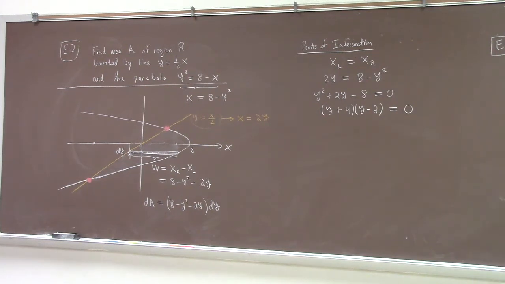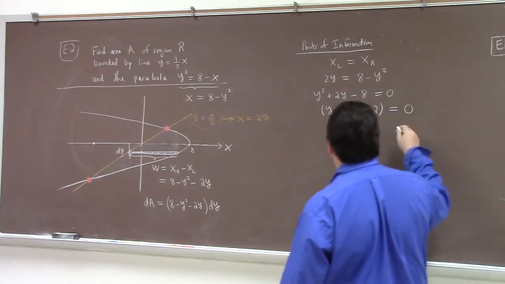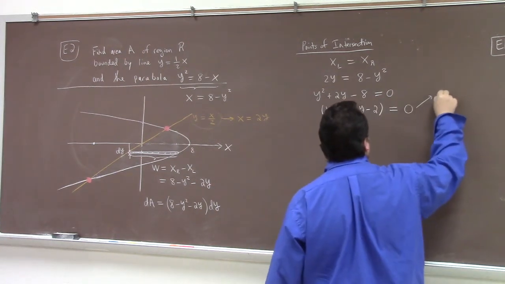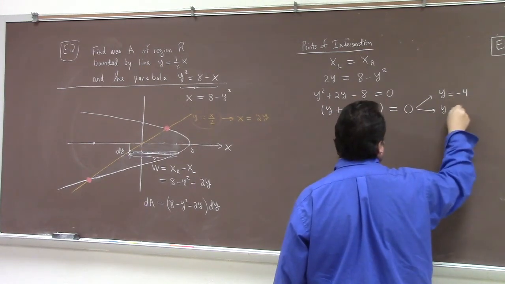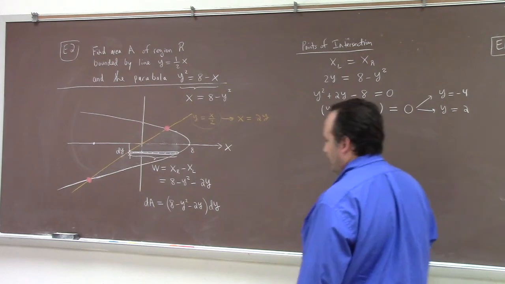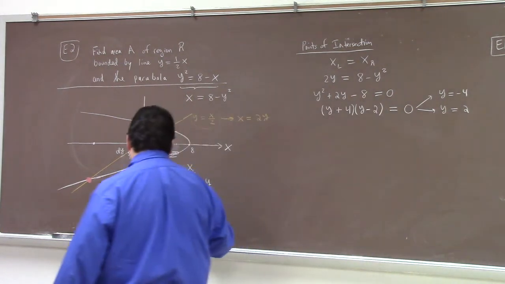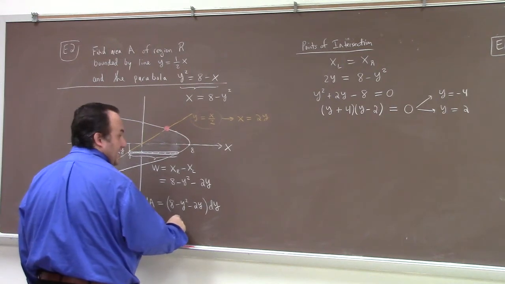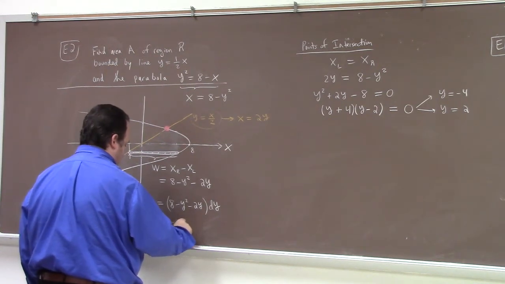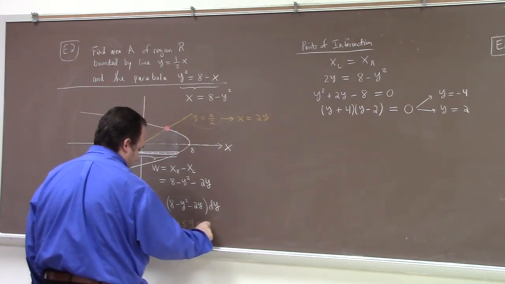That is true. It's just factoring is easier if you can do it. So we get y equals minus 4 and y equals 2. So in retrospect, this is for minus 4 less than or equal to y less than or equal to 2.